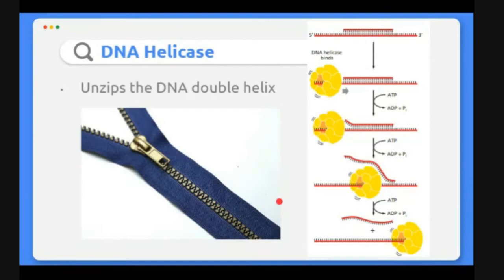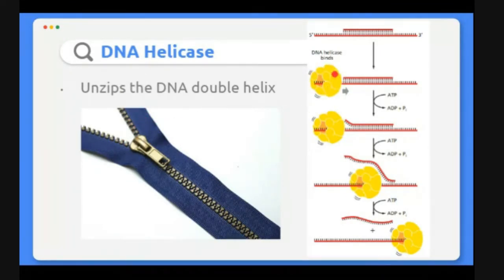So, DNA helicase, it unzips the DNA double helix. So, for you to remember DNA helicase, isipin nyo lang yung zipper. Okay? So, yung DNA helicase mo, it separates the two DNA strands. And ito yung itsura niya actually.